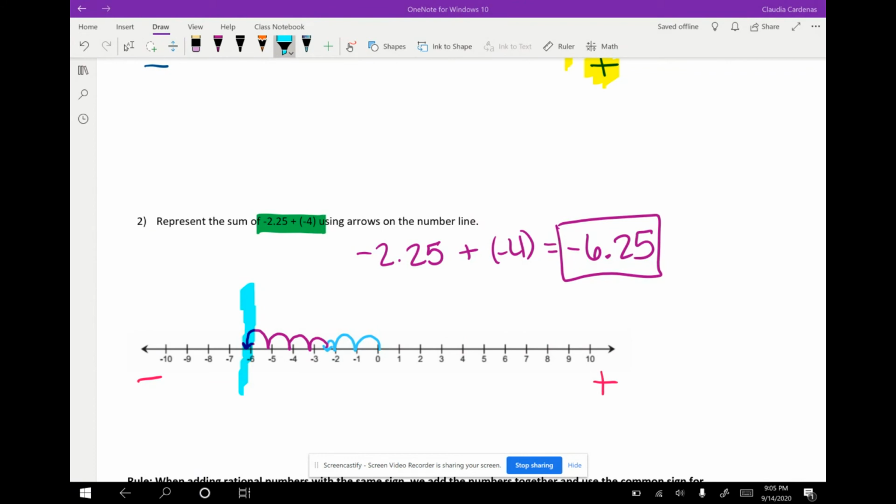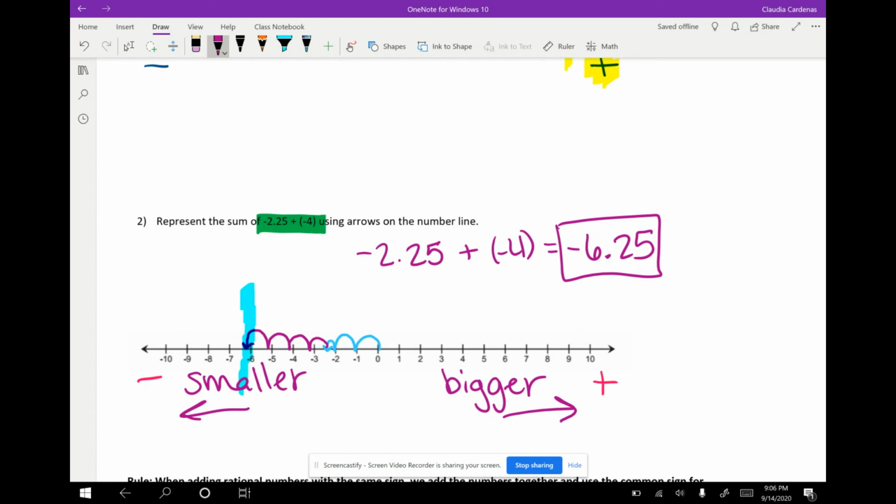Yes, because just like adding two positive numbers gives us an even greater positive answer, adding two negative numbers gives us an even smaller negative answer because we are moving in the opposite direction of zero, which gives us smaller numbers. So let me write that down. So we have smaller numbers going this way and bigger numbers going the positive direction.